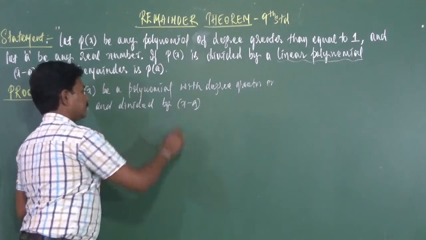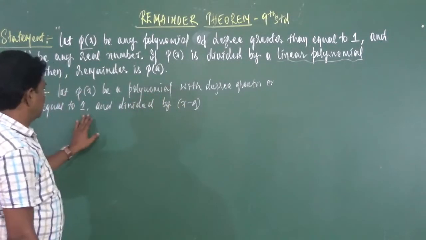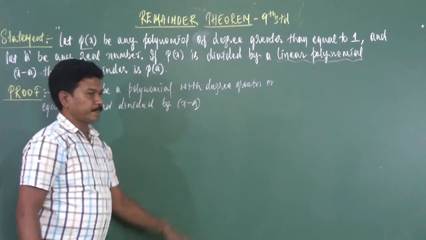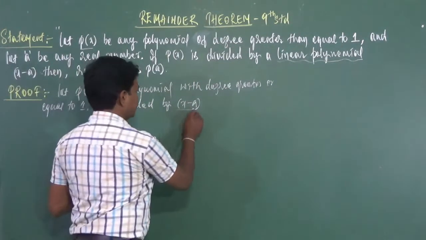Let us imagine this. So let p of x be a polynomial with degree greater than or equal to 1 and divided by x minus a, which is a linear polynomial. X minus a is a linear polynomial.